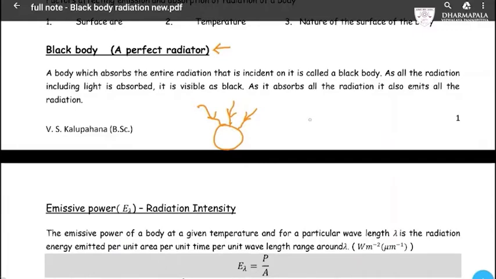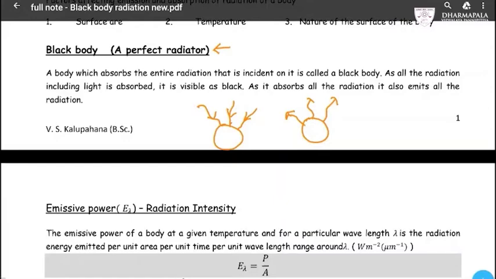And on the other hand, the same object should be able to emit all the radiation absorbed by it. Then we can call it a perfect radiator. A black body can absorb all the radiation incident on it and emit all the radiation after absorption.